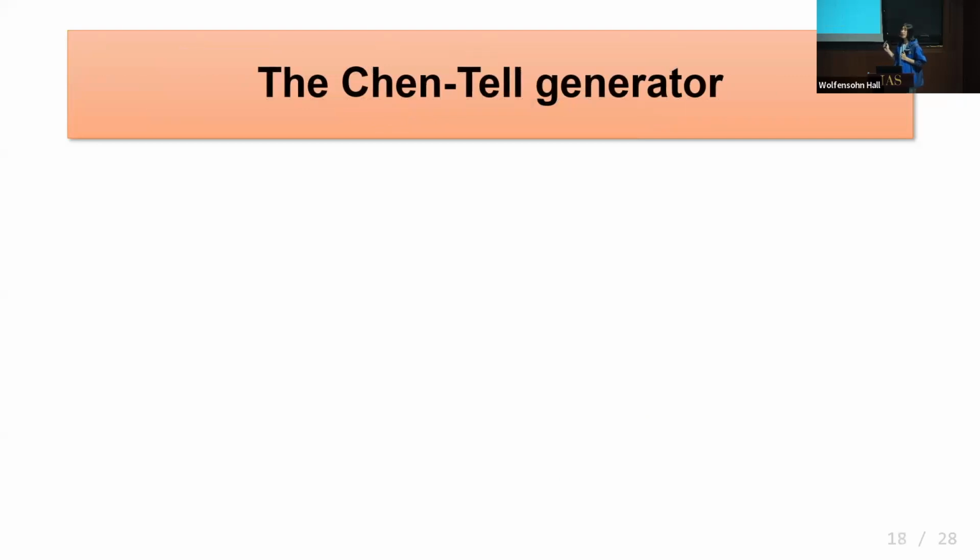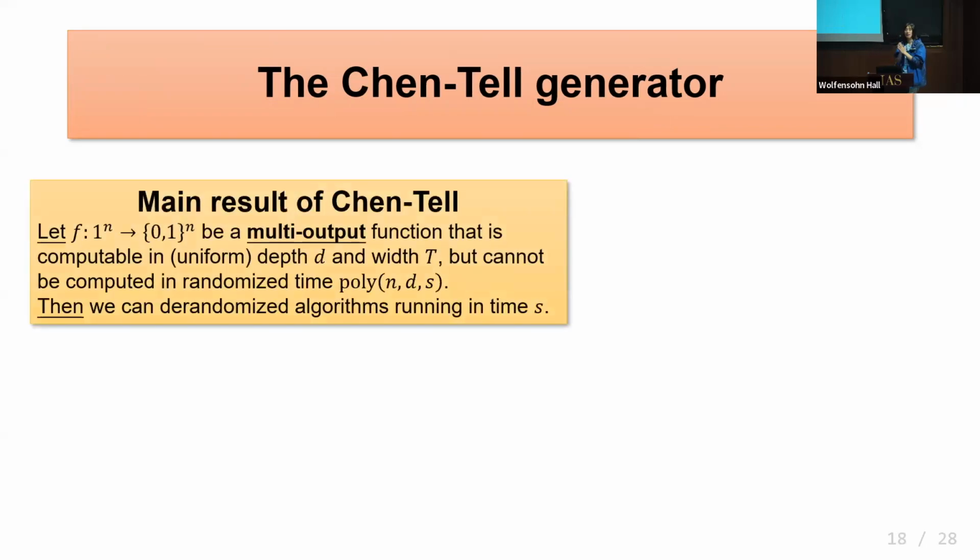So let me tell you the result of Chen-Tell. Roughly speaking, let f be a hard function. Then we can use f to derandomize algorithms, but we have some specifications on f. Here, for simplicity, we just take the input of f to be unary, but Chen-Tell considers general binary inputs, so this is not important.